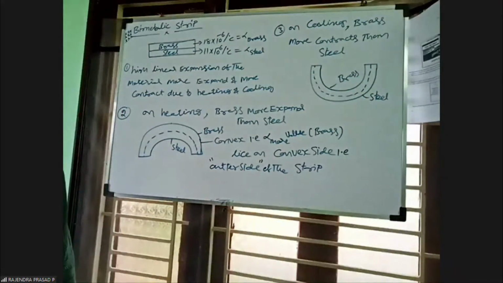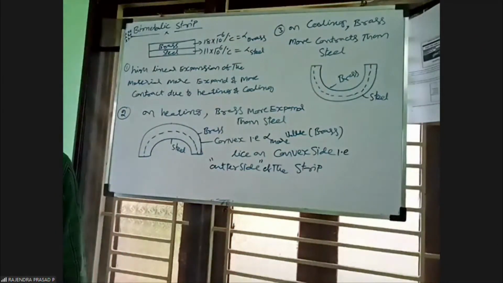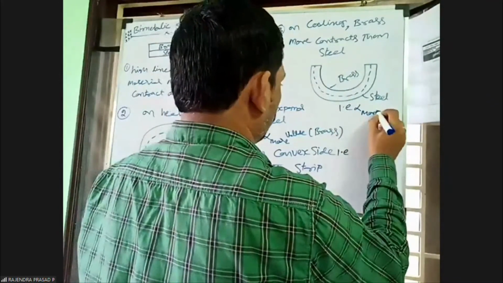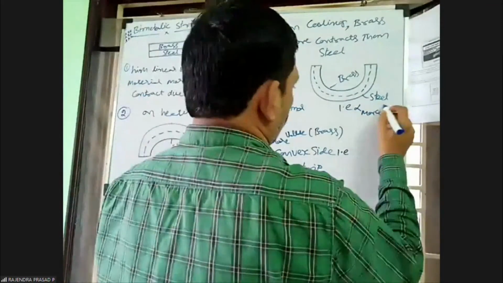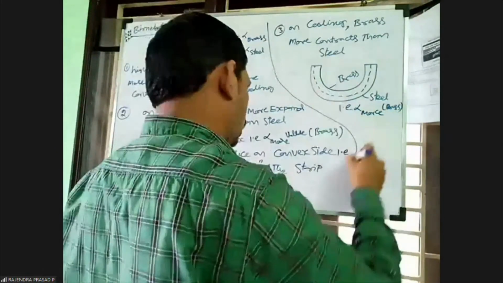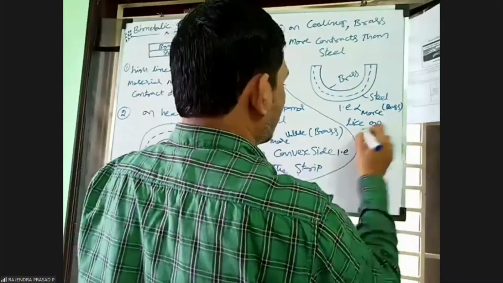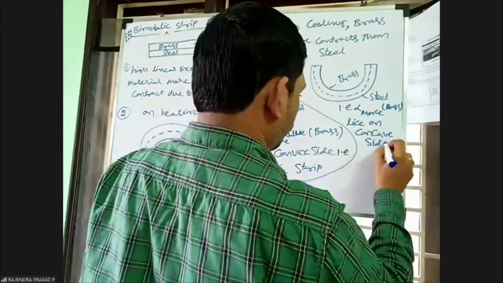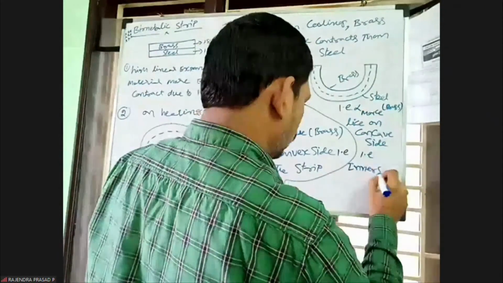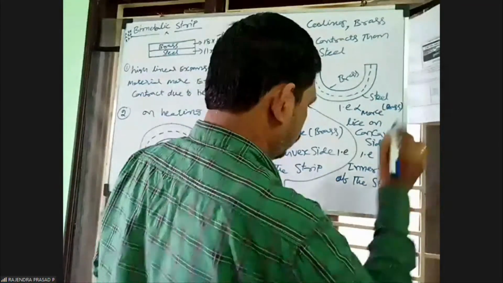Brass contracts more. Same, higher alpha value means brass lies on the concave side, which is the inner side of the steel.